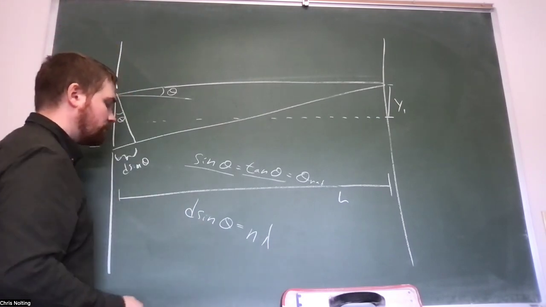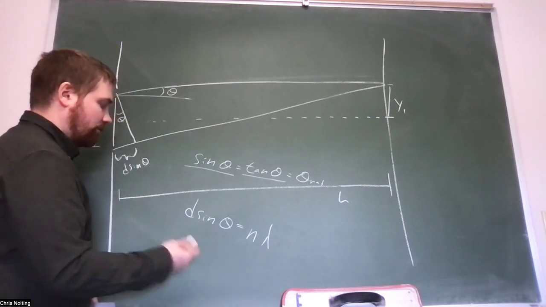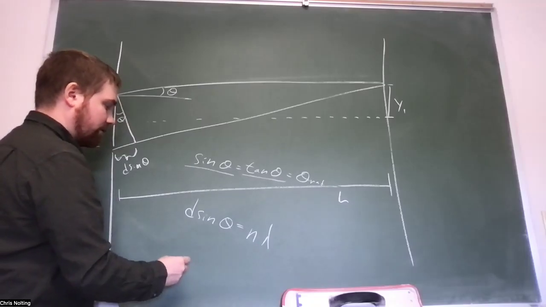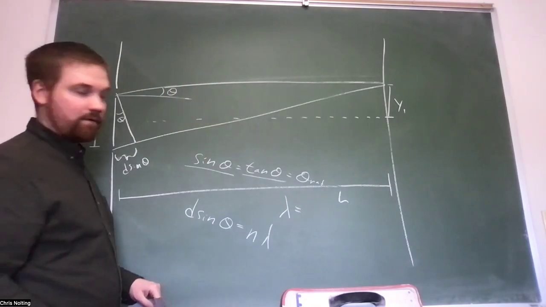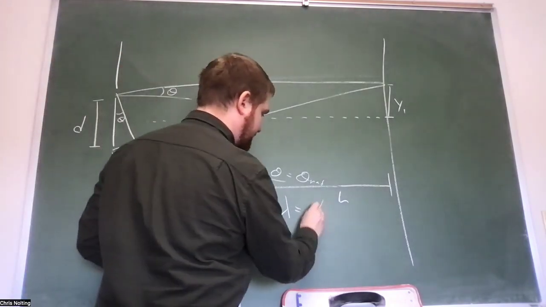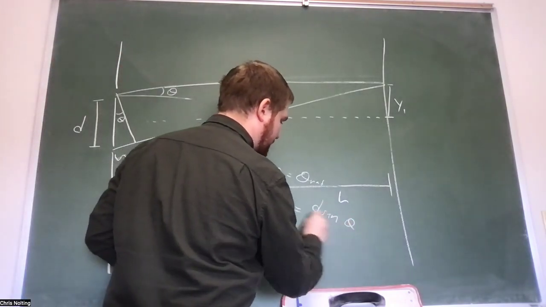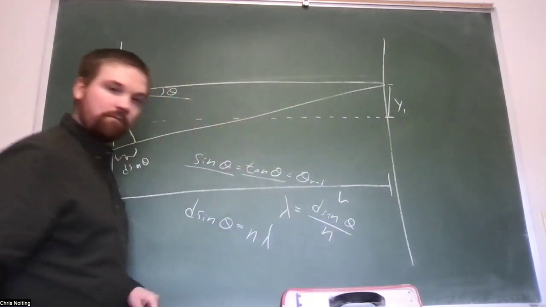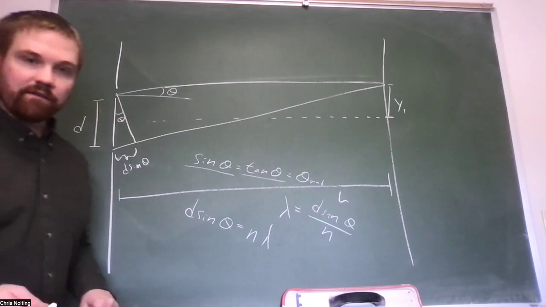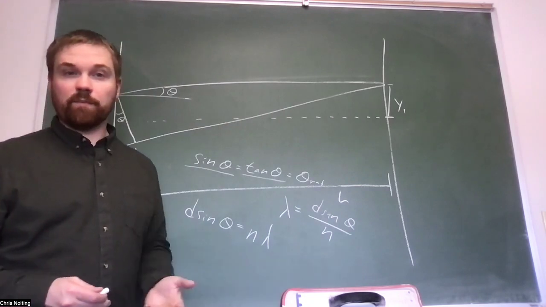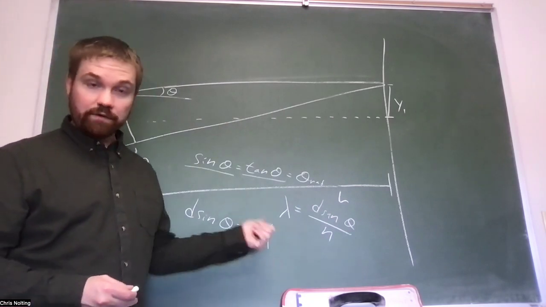So let's see. We could then solve this formula and say, since we're trying to find the wavelength of our light, this would be d sine theta over n. And we were given, in this case, a couple different pieces of information, including the slit width d, which we need.